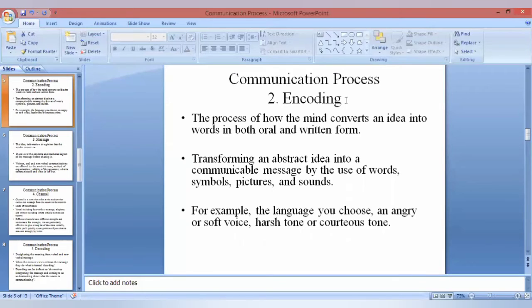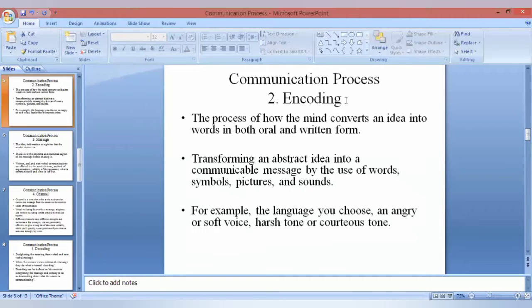during which our mind converts that abstract idea which is there in the mind of the sender, and that abstract idea is given a concrete form, a concrete shape, in the form of words, numbers, diagrams, pictures, and non-verbal signals too.